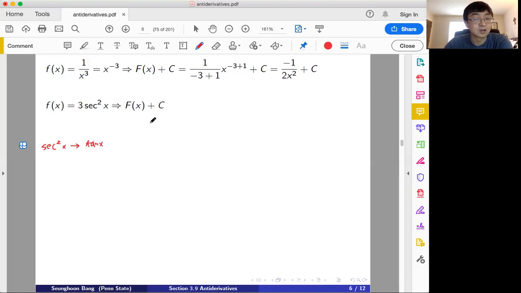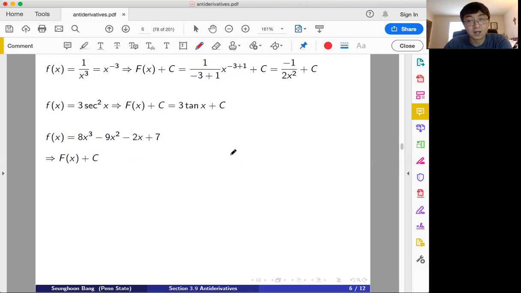So you have to keep the coefficient 3 times the antiderivative of secant squared, which is tangent of x. That's it, this is the idea. Here, how can you find the antiderivative? You can use the same things. So first one.